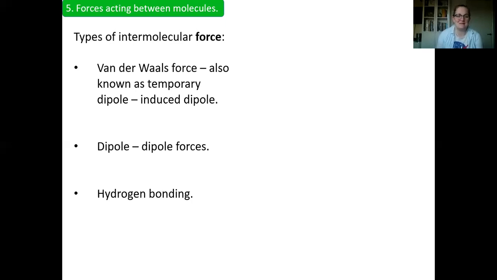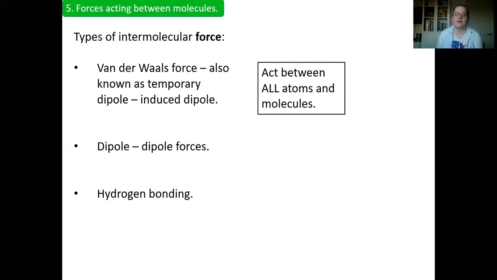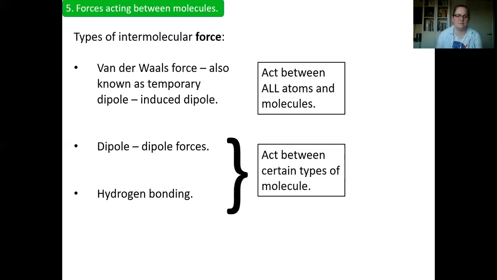Van der Waals forces act between all atoms and molecules, whereas dipole-dipole forces and hydrogen bonding can only act between certain types of molecules. As you can probably guess, hydrogen bonding can only happen between molecules that possess a hydrogen atom.